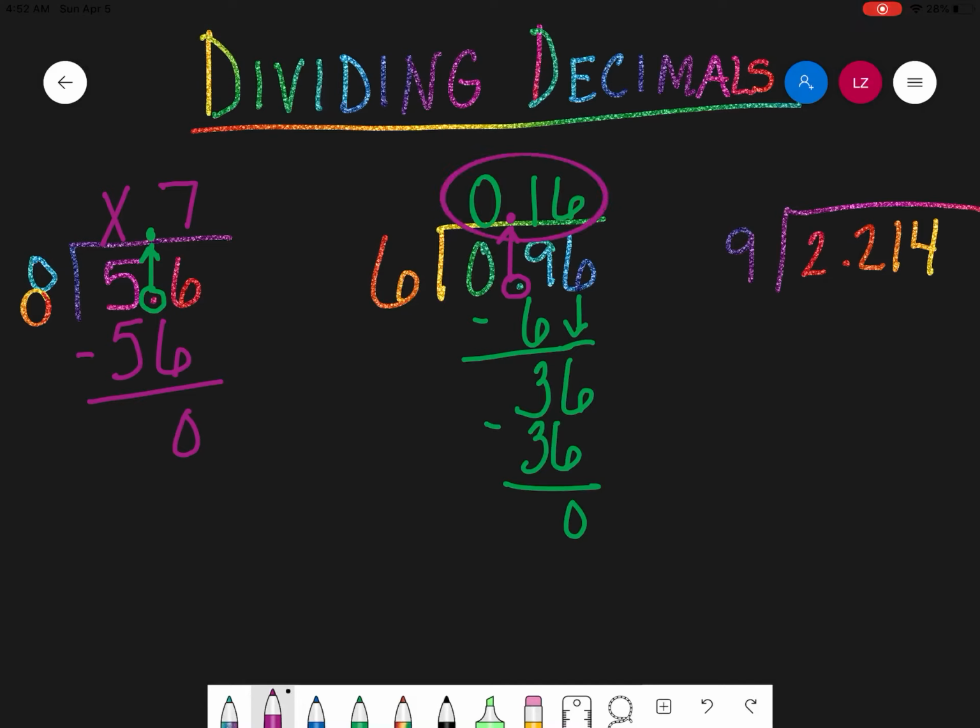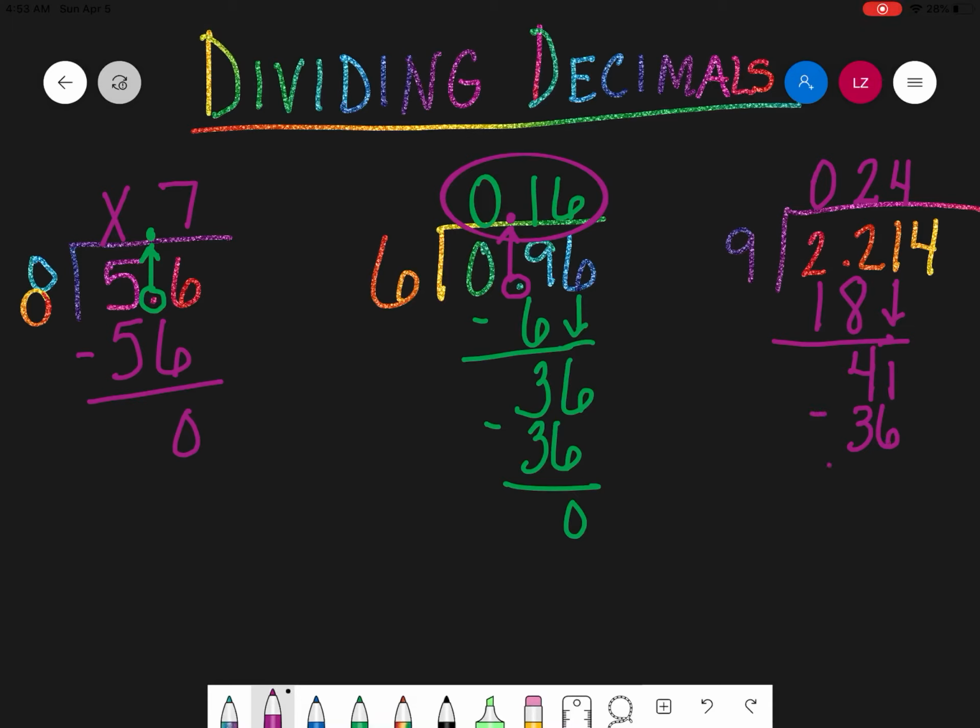All right, let's do one more over here. We've got 2 and 214 thousandths divided by 9. 9 goes into 2? It doesn't, so let's keep going. 9 goes into 22 2 times. 2 times 9 is 18. Subtracting, it's 4. 4 is less than 9, so we're good to go and to bring down the next number. 9 goes into 41 4 times. 4 times 9 is 36.